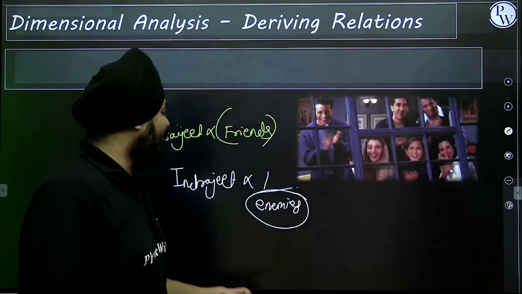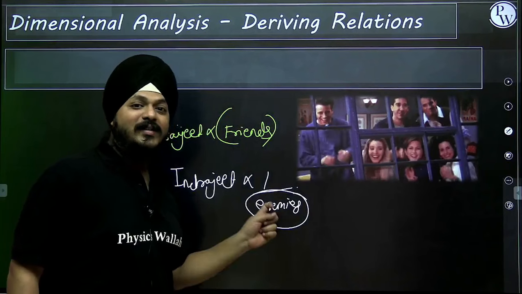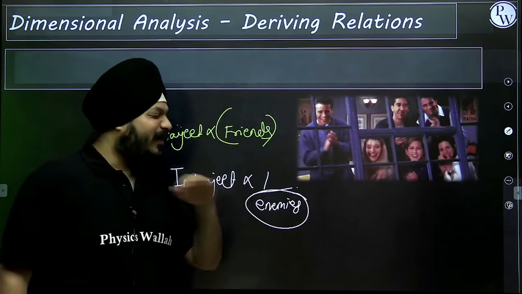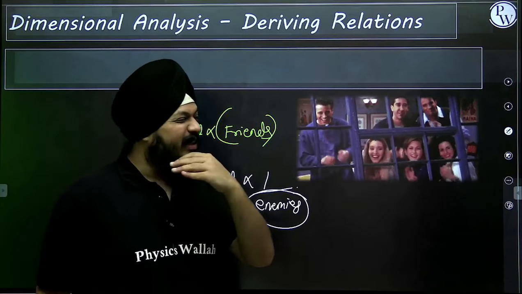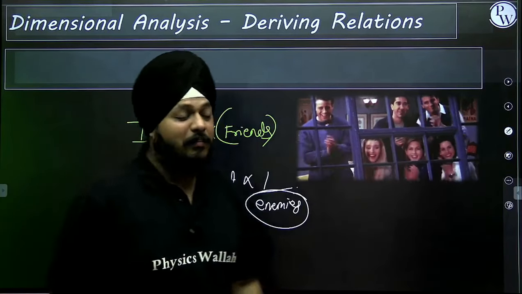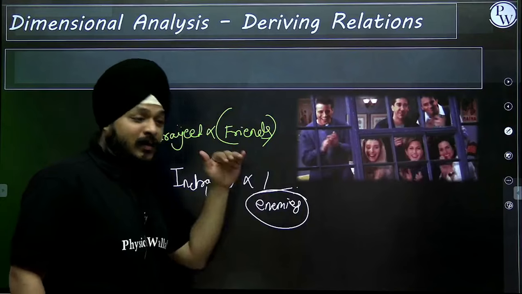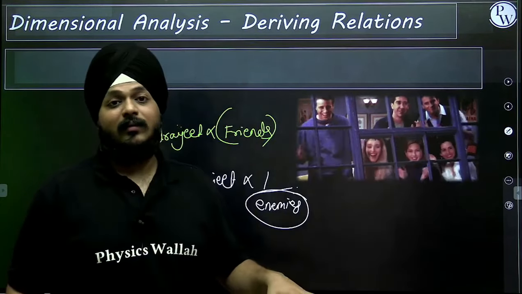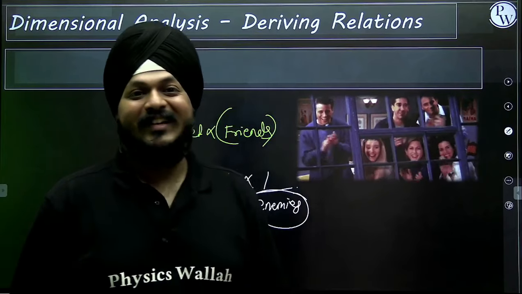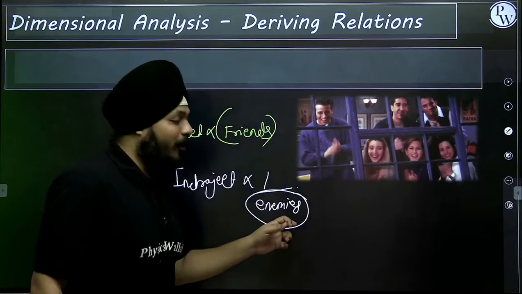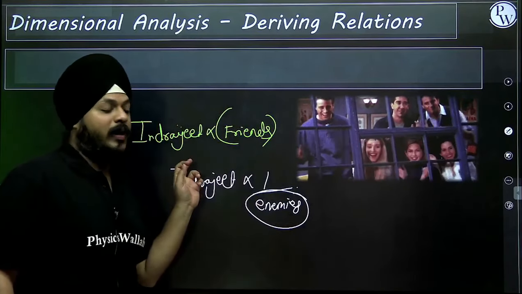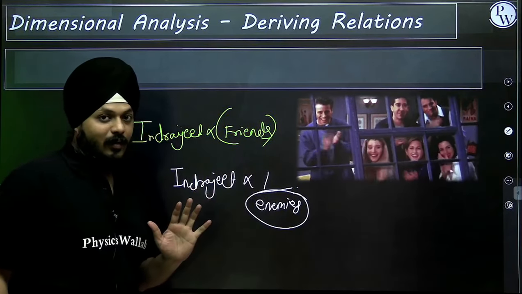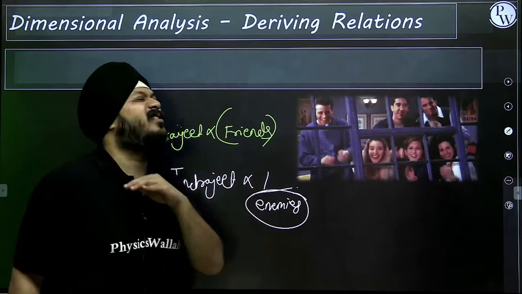So that's why I've written this relation. If enemies are at peak, Indrajeet never cares. It is at the lowest position, never cares. But if enemies are at the lowest position, whoa, I have done nothing, and no one is opposing me. You can understand, right? Denominator is higher, this one is lower. Enemies at the peak position, Indrajeet never cares.